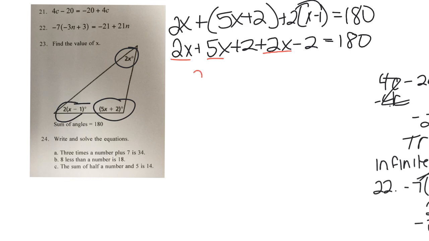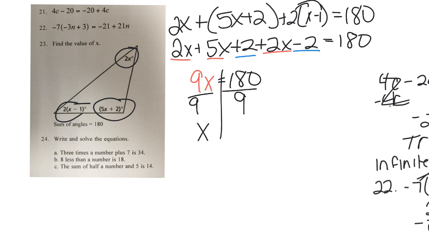That gives us 9x. And then we have 2 minus 2, which is 0. And that equals 180. So now we divide by 9 to get x by itself, and x equals 20. So the value of x is 20.